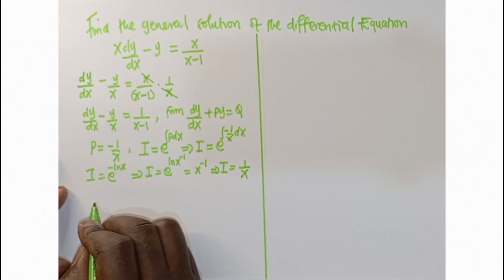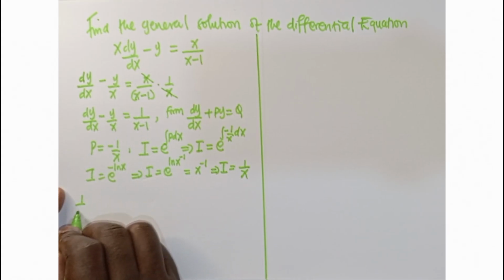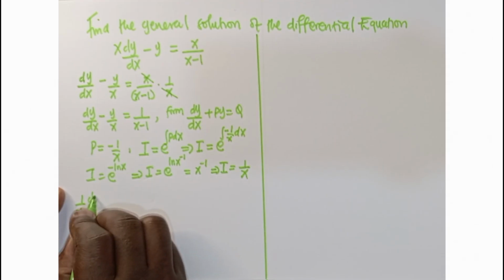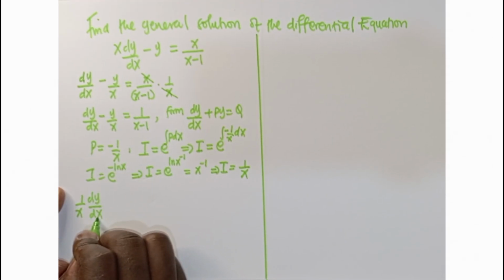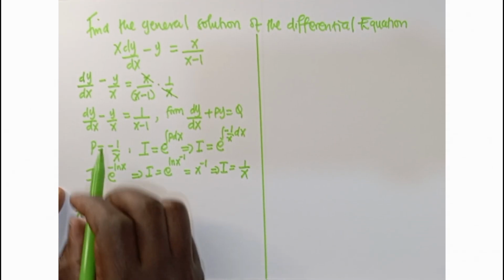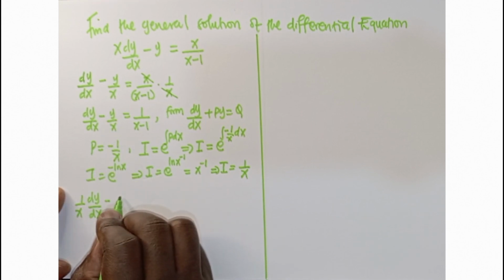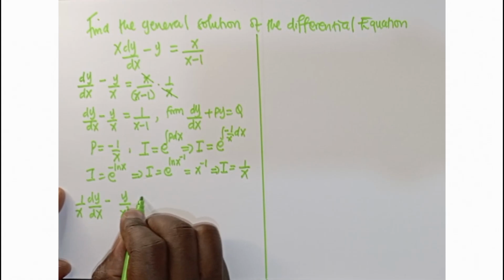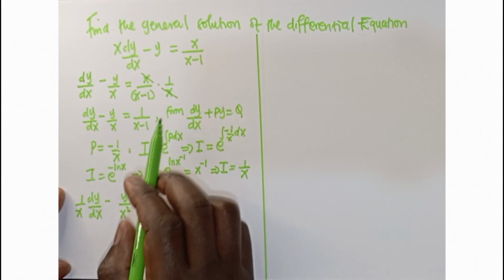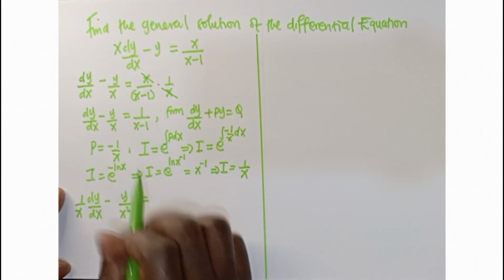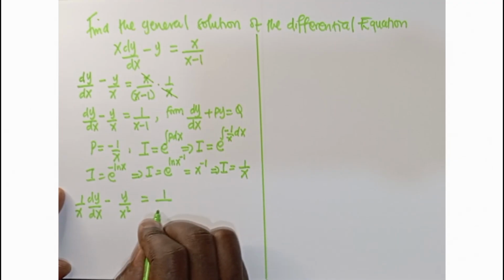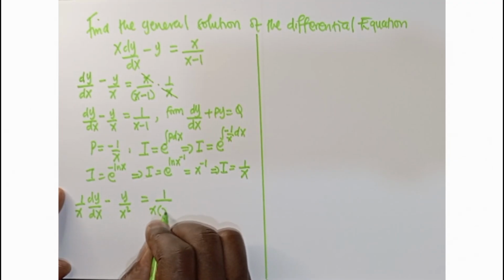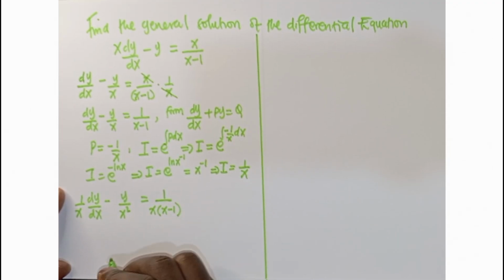So we shall have 1 out of x dy by dx minus y out of x square is equal to 1 out of x into x minus 1.